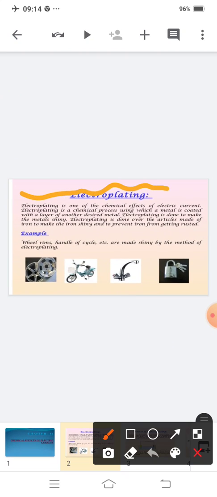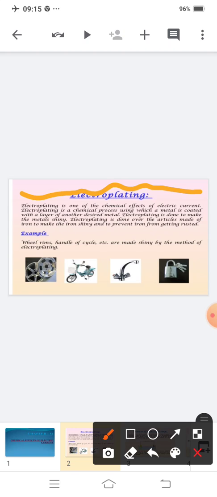Electroplating is one of the chemical effects of electric current. Electroplating is a chemical process using which a metal is coated with a layer of another desired metal.